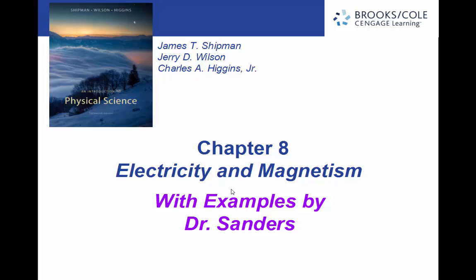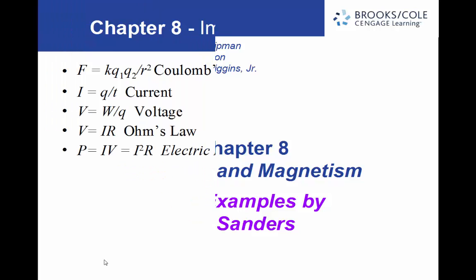So again, these examples are for electricity and magnetism. That's from chapter 8 of our Shipman, Wilson, Higgins, and Torres physical science textbook. For doing these examples, we might want to review a few of the important equations.